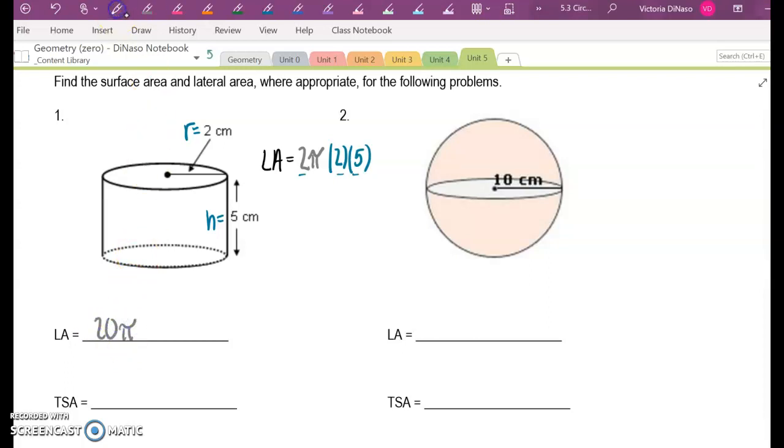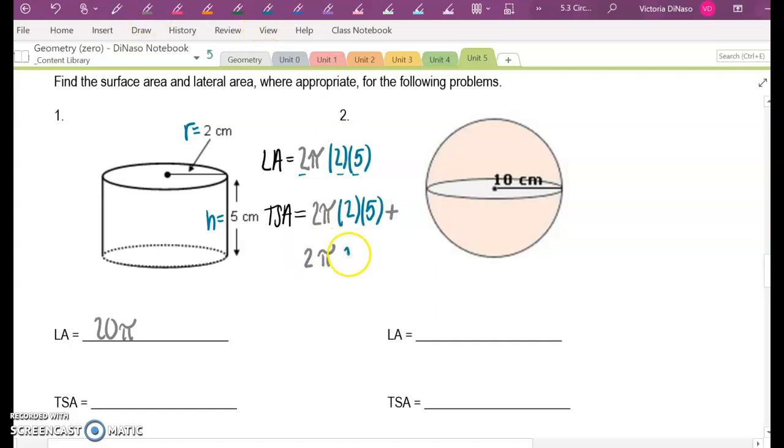For my total surface area, we have that 20 pi plus the area of the two bases, or you can just use the formula. So we have 2 pi times 2 times 5, plus 2 pi, and then this is r squared.